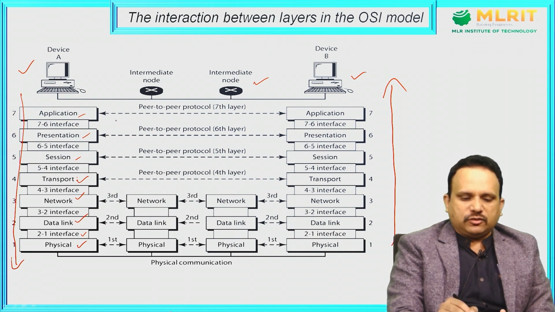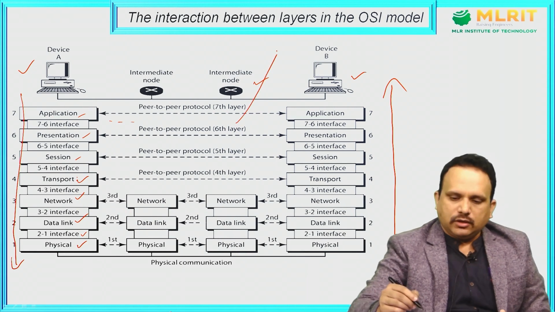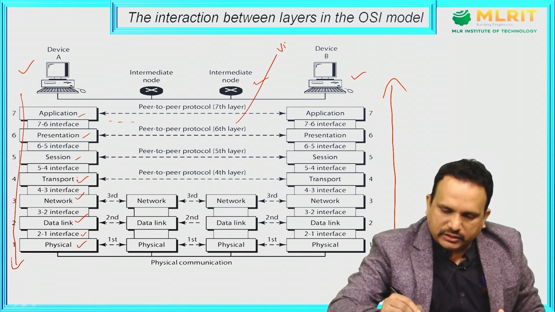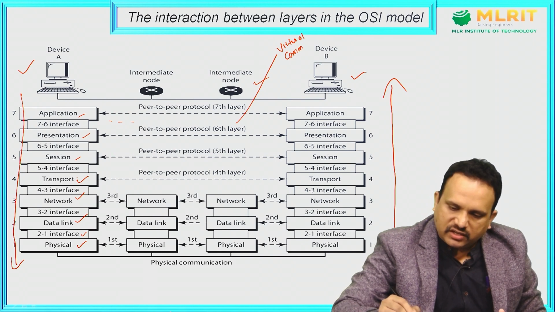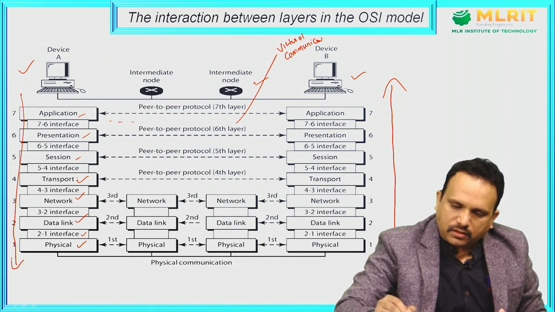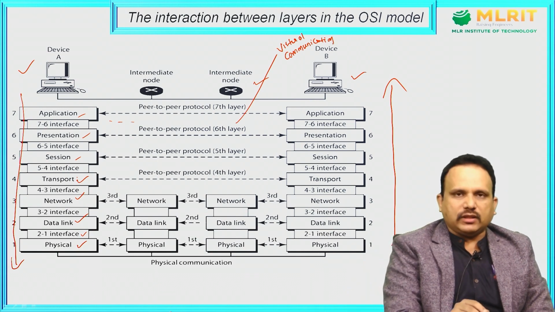If you see this dotted line, we call it a virtual communication. This virtual communication is established between the peer layers.